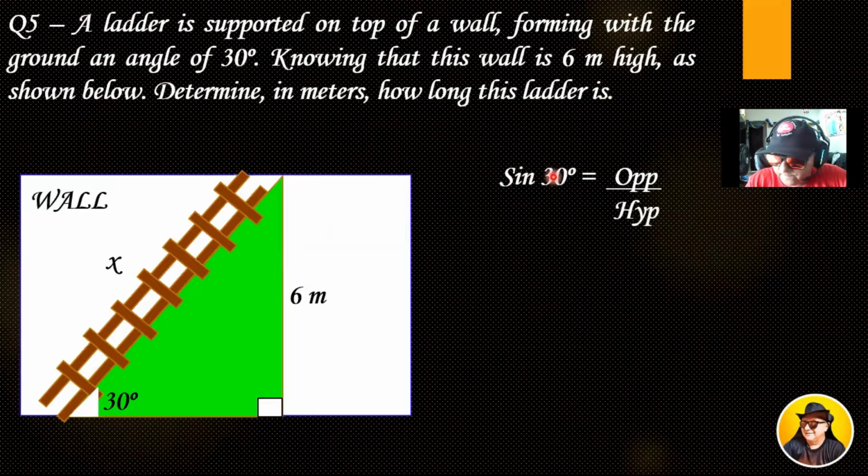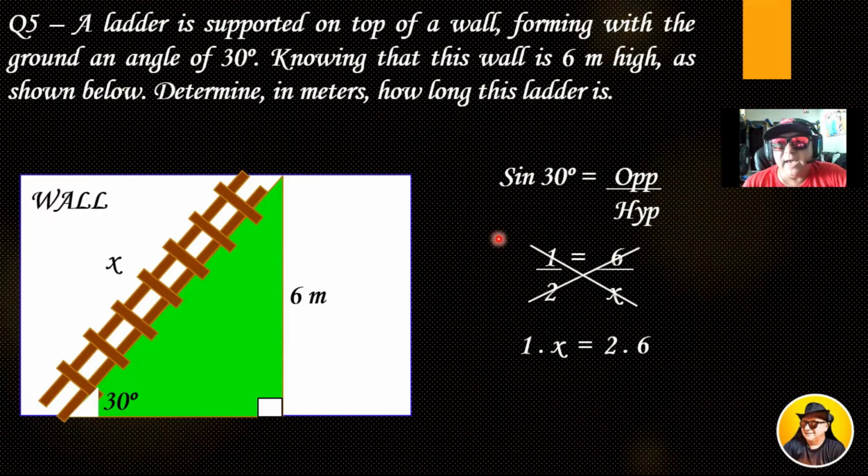You remember? Yes, it is 1/2. And the opposite side is 6. Hypotenuse is x. So easily we do it. We can multiply this way, crossing the values. 1 times x and 2 times 6. 1 times x is x. 2 times 6 is 12. So x is 12 meters.